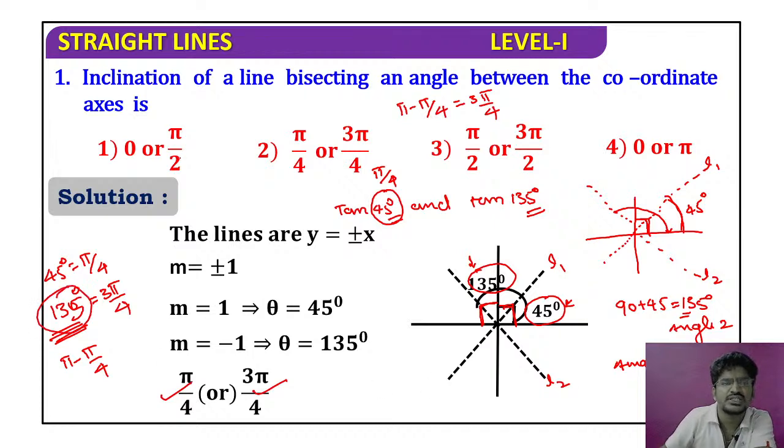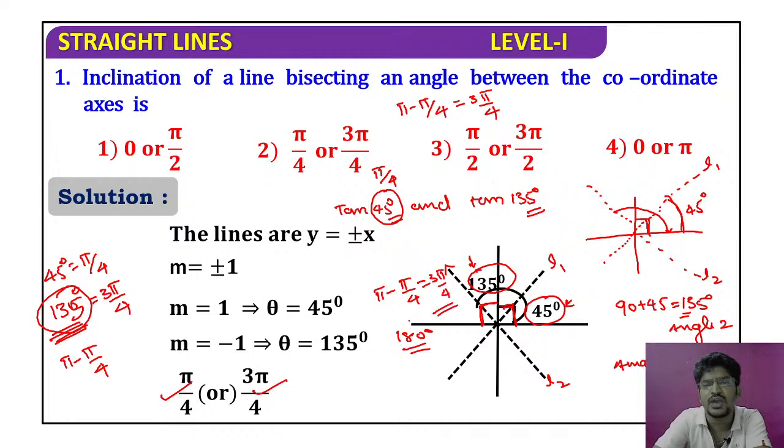Second quadrant means this is 180 degrees, so you will have the angle here. Therefore pi minus pi by 4, that is 45, will be 3 pi by 4. Clear? So pi by 4 and 3 pi by 4 are the angles made by the lines.